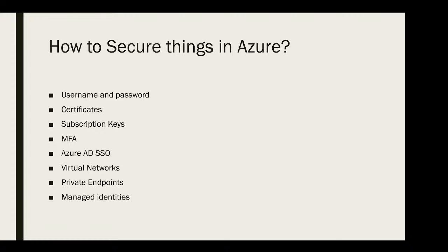So to start with, we have the most primary and common one that you can start with, the username and password, which has existed for years, I guess, and it has been a common thing. It still exists, but the challenge with the username and password is you have to maintain quite a lot of passwords.